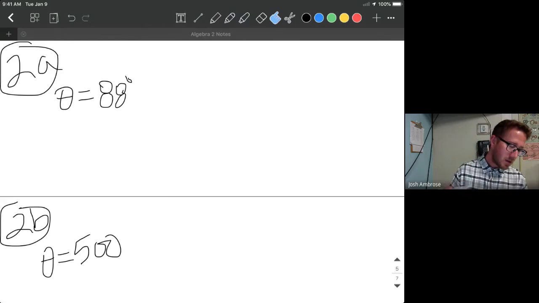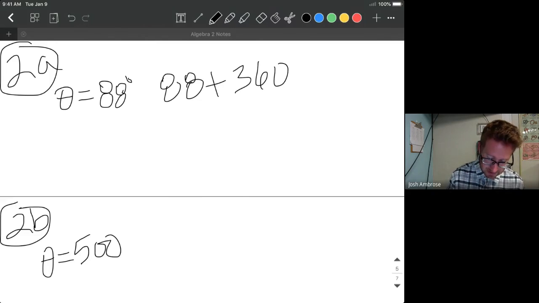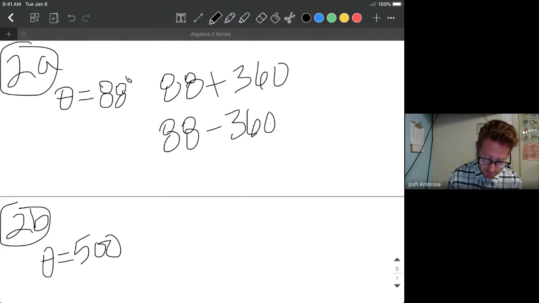So then what you're going to want is a positive coterminal angle and a negative coterminal angle. So all you got to do is take 88 and add 360 to that, and then take 88 and subtract 360 from that. Work those out.